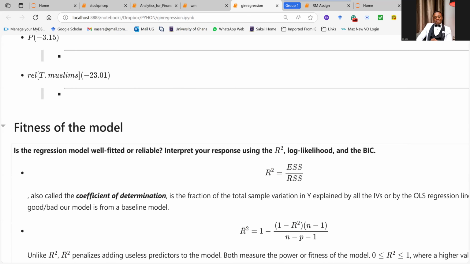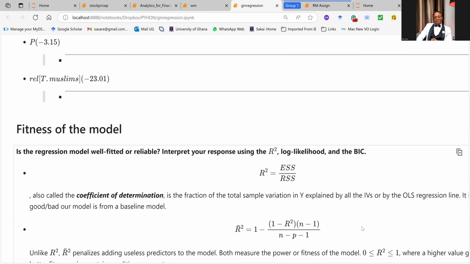Now, guys, there's some bit of information about each one of these, but I want you to know some key things. One, the R-squared is called the coefficient of determination. The R-squared is that portion of the variability in the dependent variable that has been explained by all the independent variables.